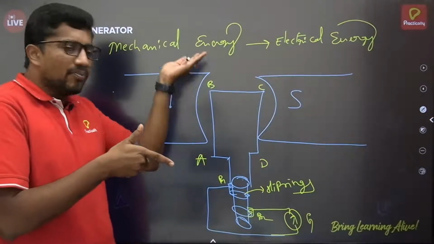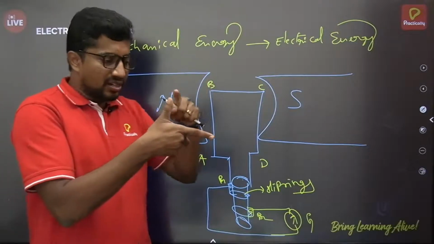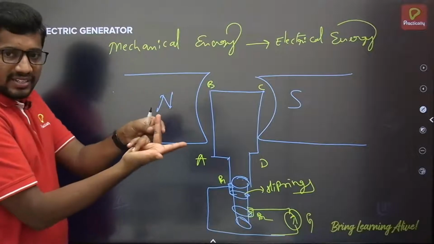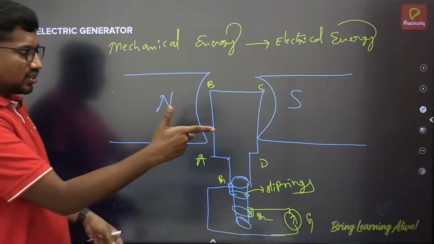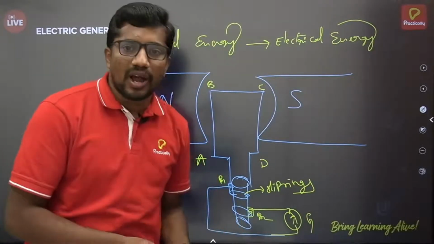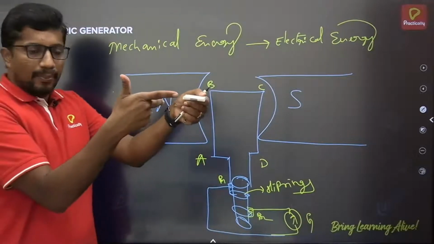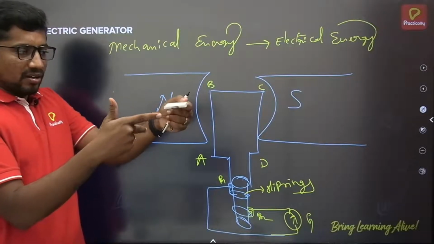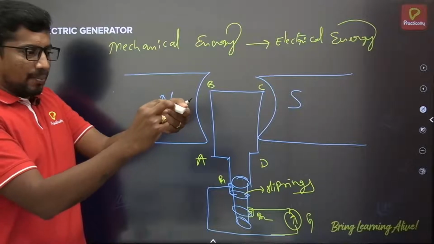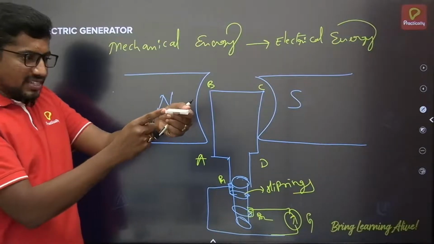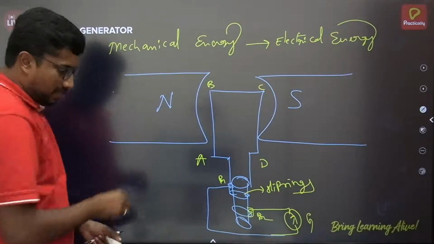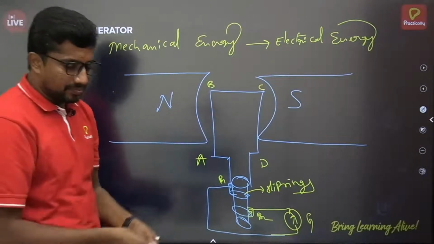So motion is in upward direction, so keep the thumb upward. The current is induced along this edge, towards AB.